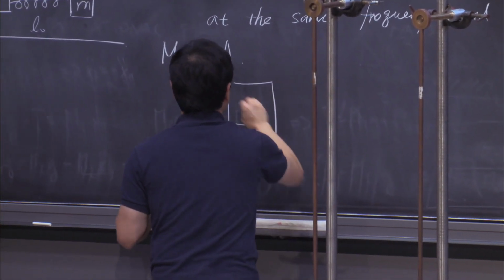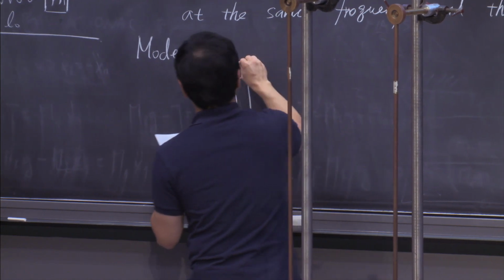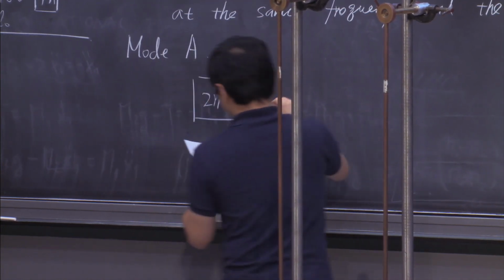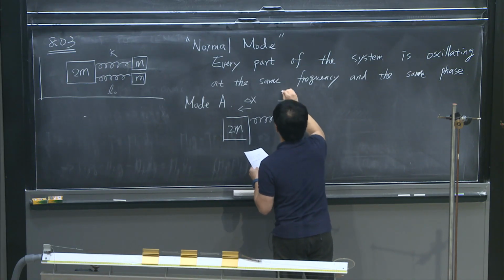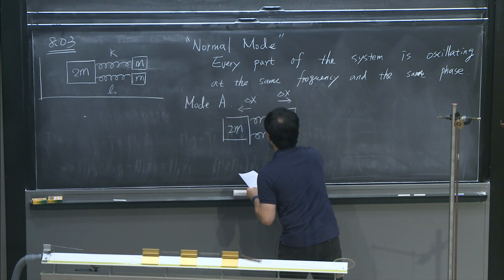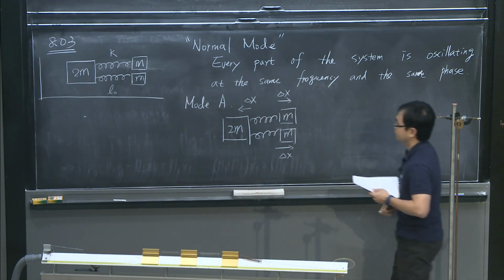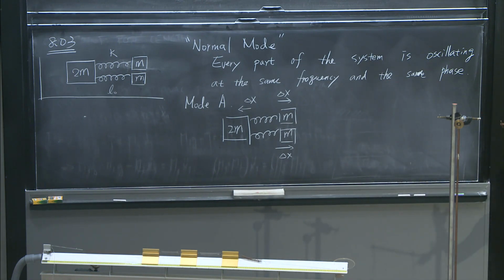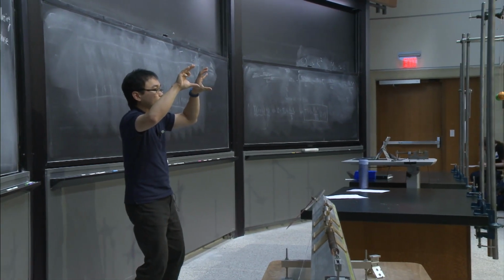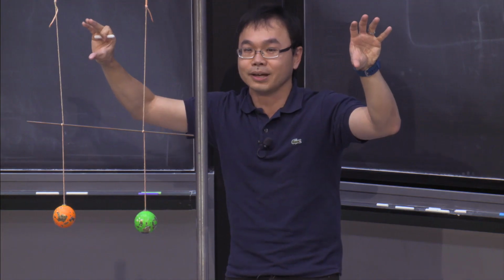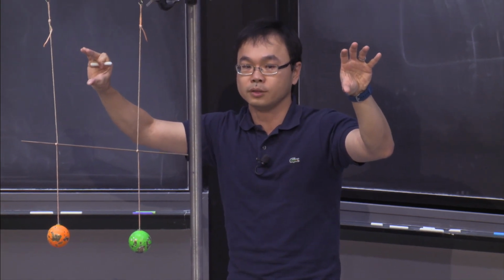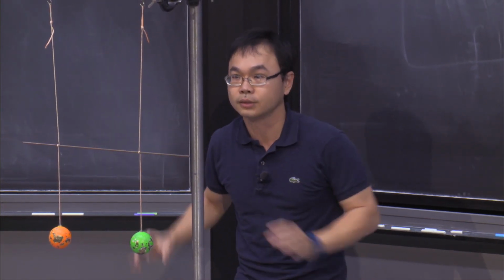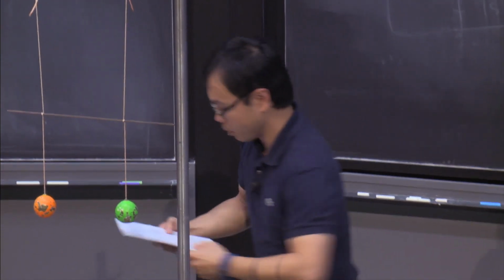You have the left-hand side mass displaced by delta x, and the right-hand side two masses are also displaced by delta x. Basically you hold these three little masses and stretch them by the same amplitude and let go. So that is actually one possible mode.